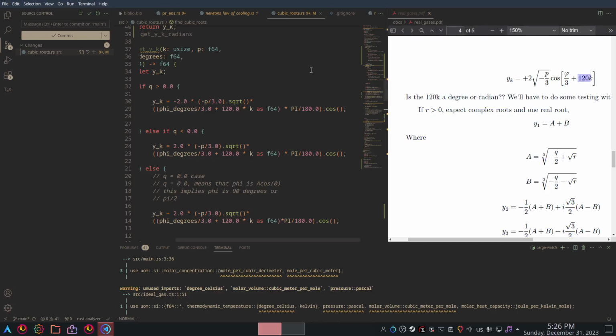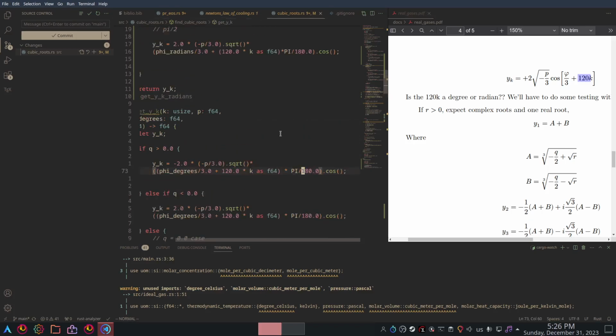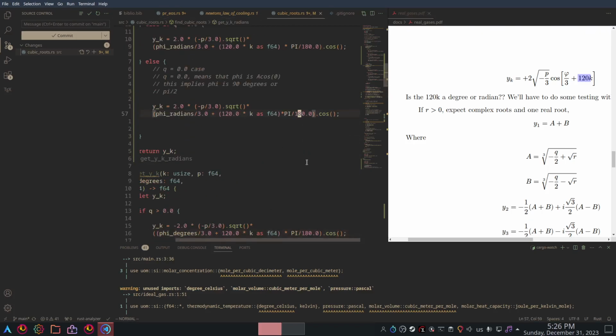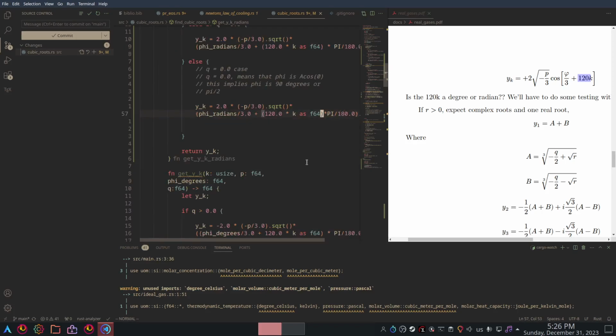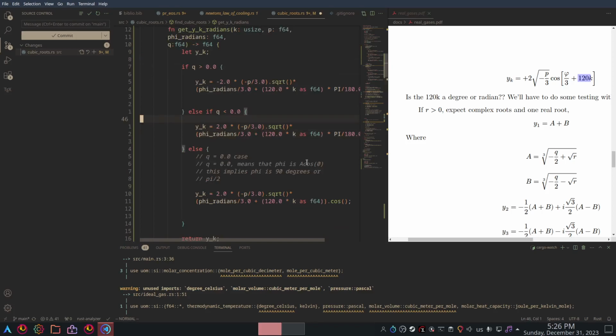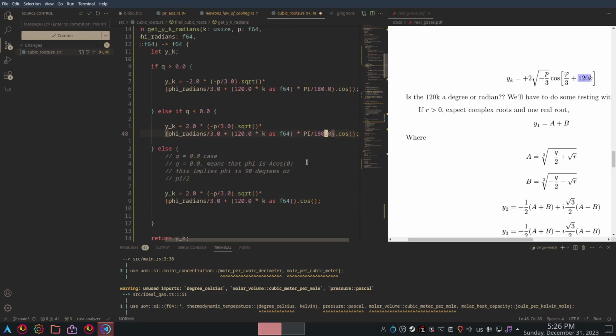Just now I assumed that it was degrees. Well, maybe it's not degrees, maybe it's radians. So I'm going to take this pi divided by 180 out, to convert this from degrees to radians.